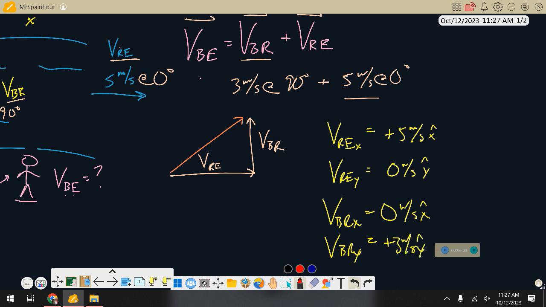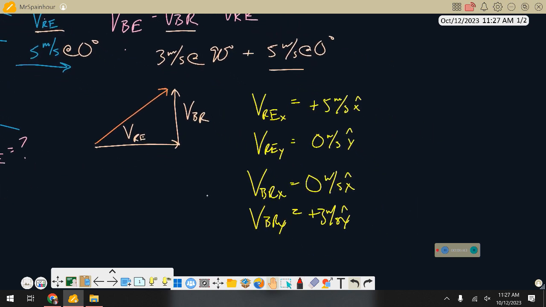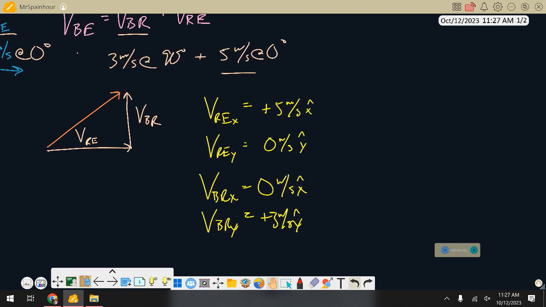Now this seems a little bit silly when you already saw that this is a 90-degree triangle and you could just use basic trig, and so forth. But as you'll see in the next example, it doesn't always work out this easy, so we should definitely know what this technique is. The next step, after splitting all of your vectors into their relative components, is to add up all the x's and all the y's.